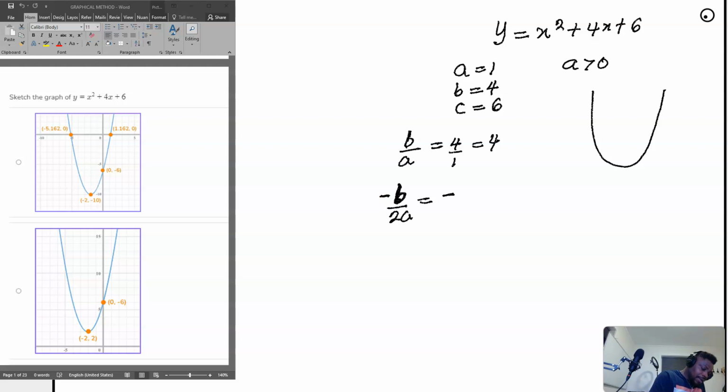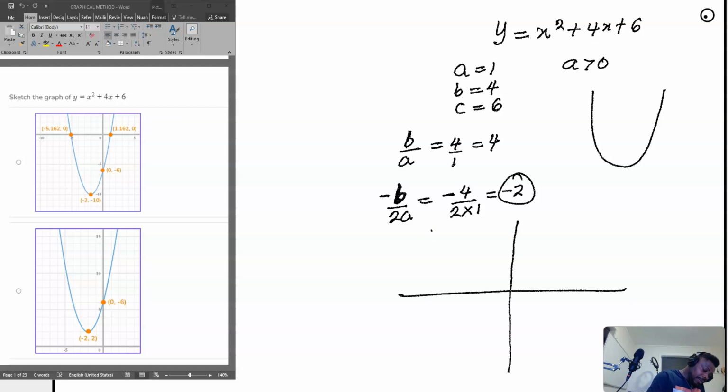So that means minus, what is b? 4, 2 times a, 1, that is minus 2. So it's going to be displaced by minus 2. What displaced simply means is that it will cut. We already said it's going to be on the left.